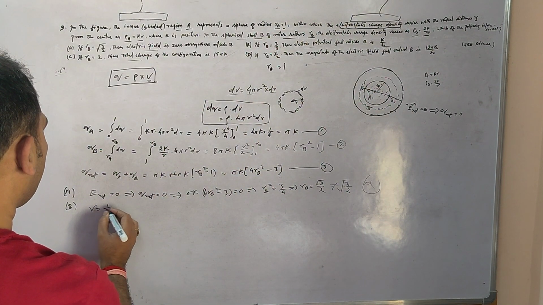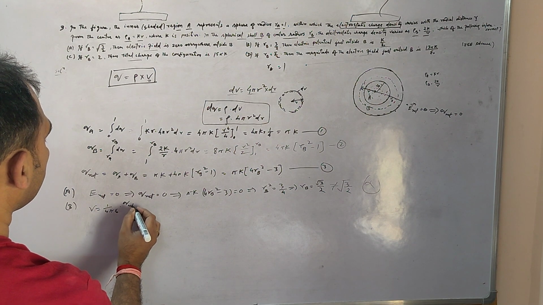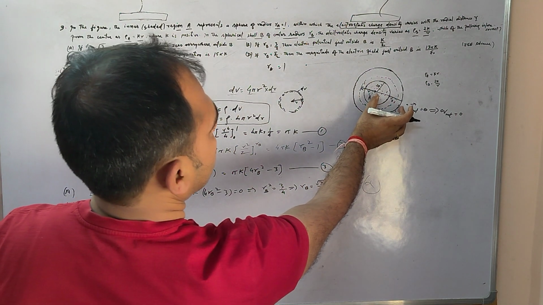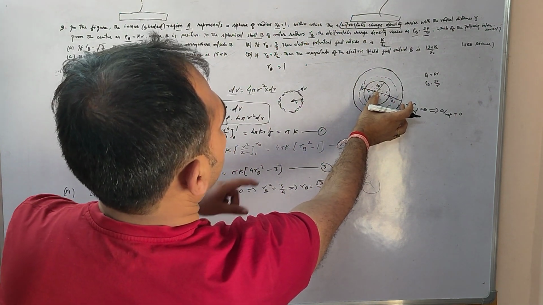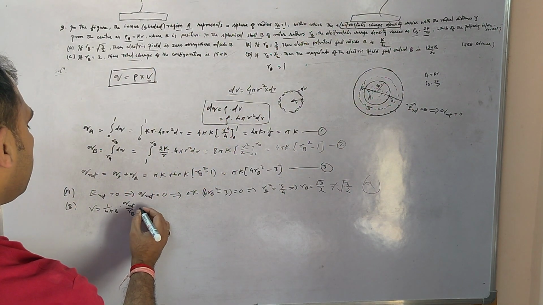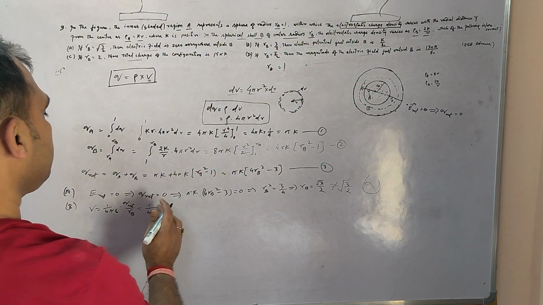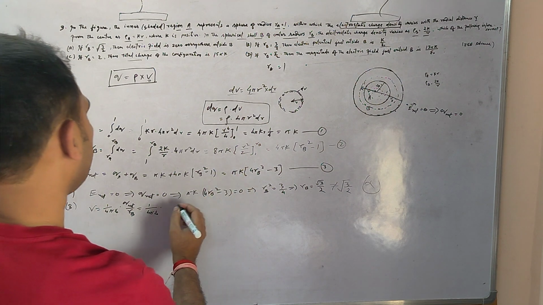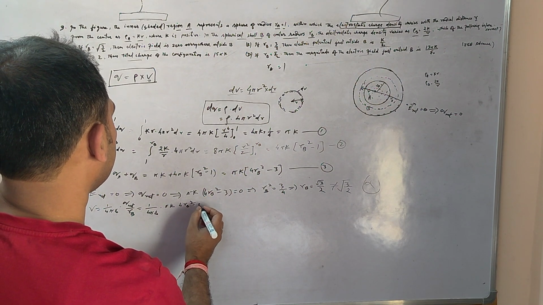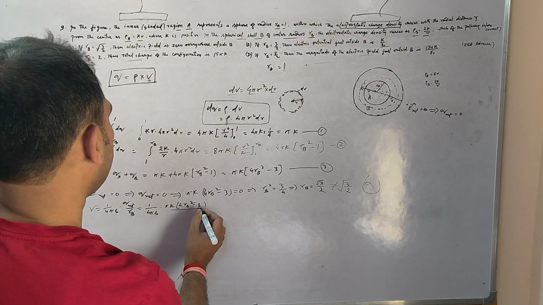Potential is given by 1 upon 4 pi epsilon naught into Q net by R, and R is given as RB, just outside B. So this will be equal to 1 by 4 pi epsilon naught, Q net is this, pi k times 4 RB square minus 3, by RB.